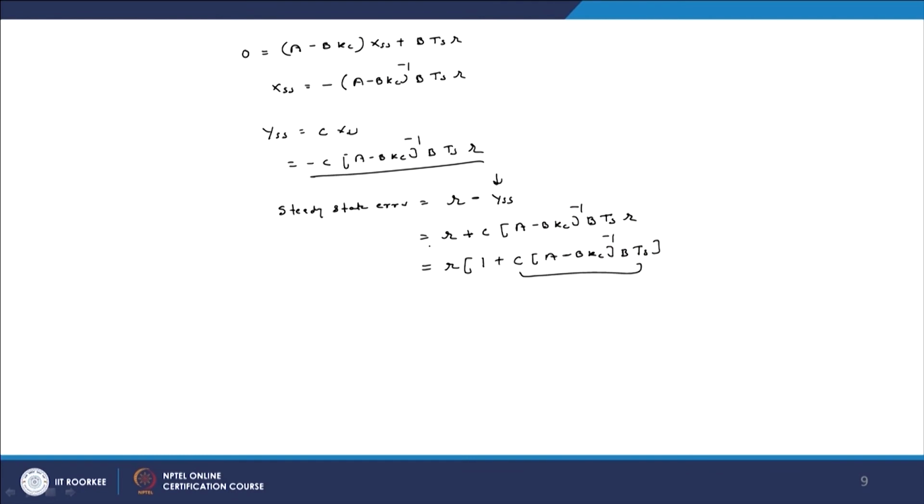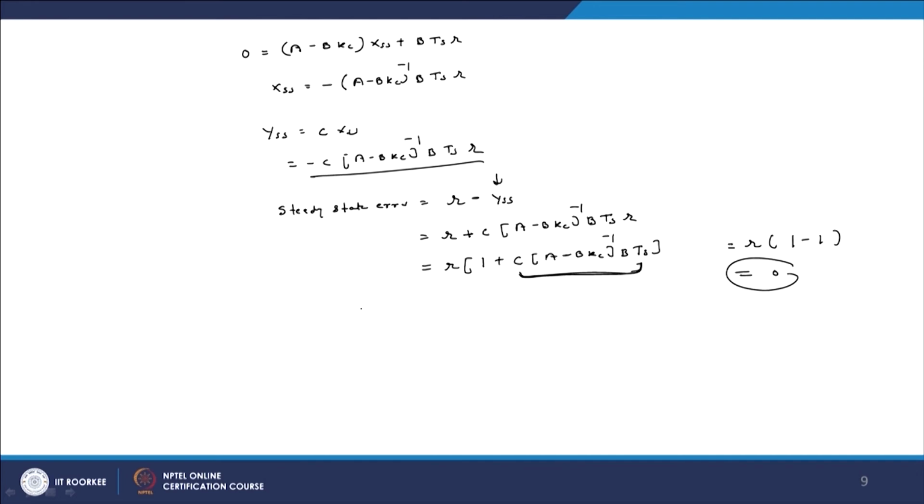This is possible when the equation we have written is minus 1. That means your equation should be R plus 1 minus 1. If that is so, your error is 0, that means this is equal to minus 1.